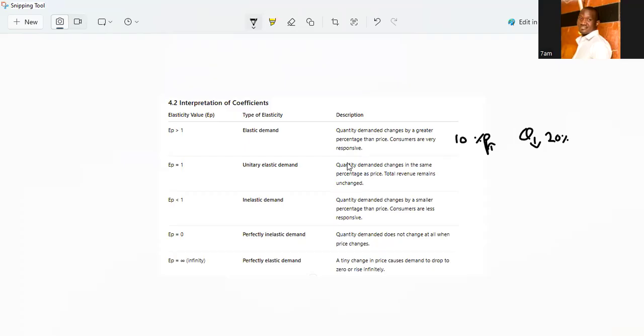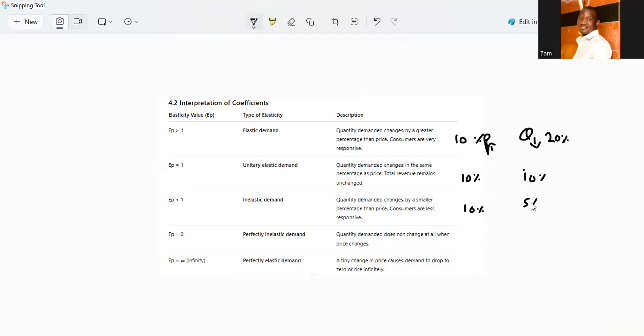When it's unitary elastic, the quantity demanded changes in the same percentage, so the total revenue remains unchanged. If you increase by 10%, your quantity loss will be 10% as well, 50-50. So this means it is what? Unit elastic. When it is inelastic, the quantity demanded changes by a smaller percentage than price. So if you increase by 10%, maybe you're going to lose only 5%. This is inelastic.